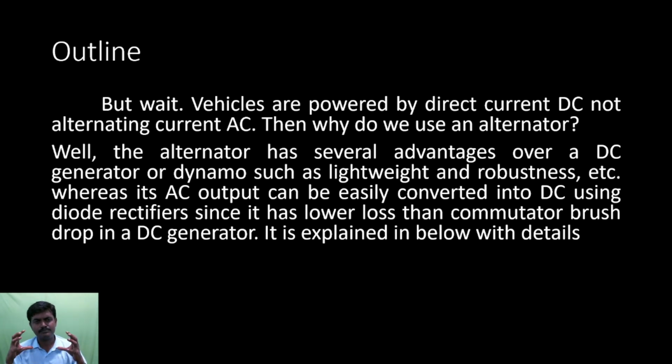All generators produce only AC supply; for our purpose, whether we want AC or DC, we convert it to that level. The conventional DC generator has a commutator that converts the bidirectional current into unidirectional current by collecting the same amount of supply from the positive side as well as the negative side.